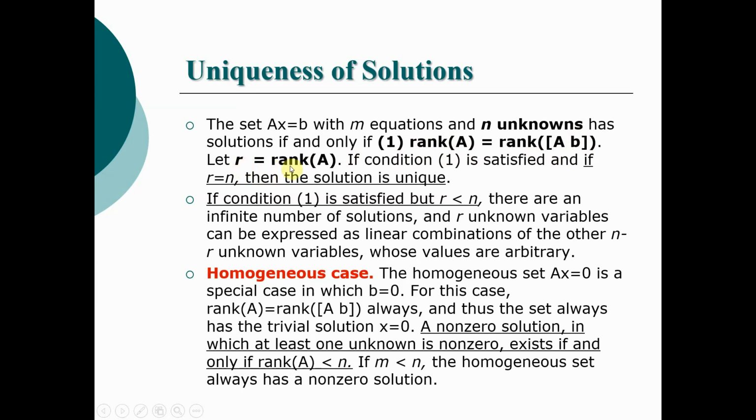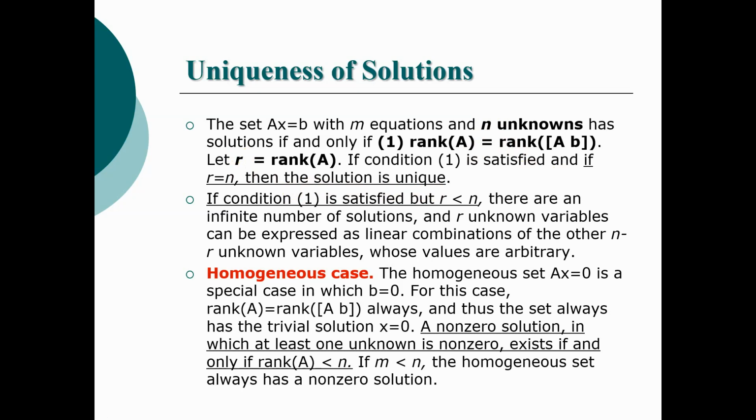So if r is equal to rank of A, if condition 1 is satisfied, and if r is equal to the number of unknowns, then our equation has a unique solution.